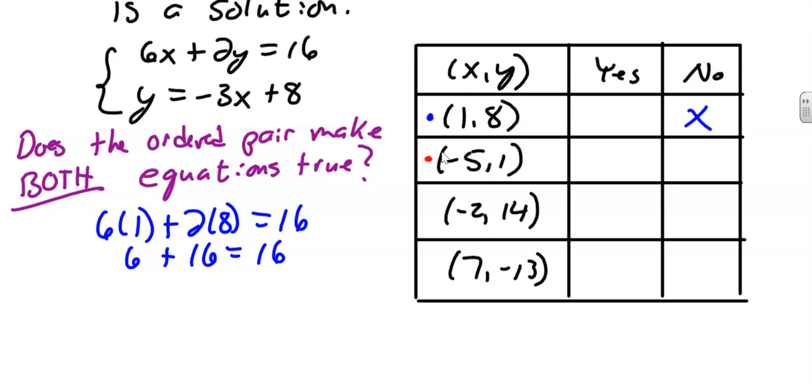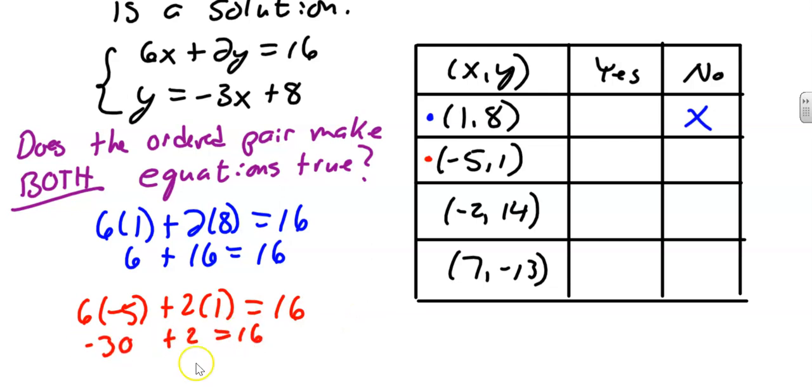Okay, same thing on the next one. We'll take it one equation at a time. That is 6 times -5 plus 2 times 1. Does that equal 16? That's -30 plus 2. That does not equal 16, so that one's a no. Okay, one of these is going to have it work, both of them.